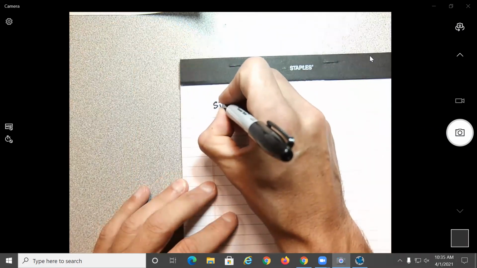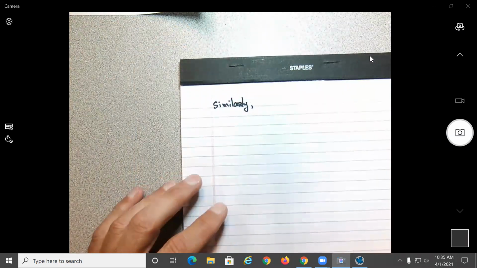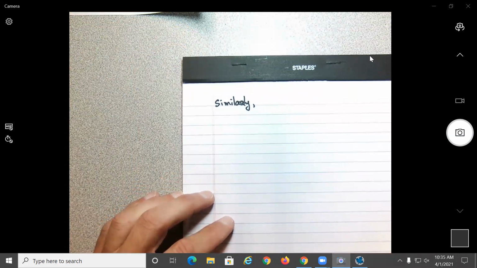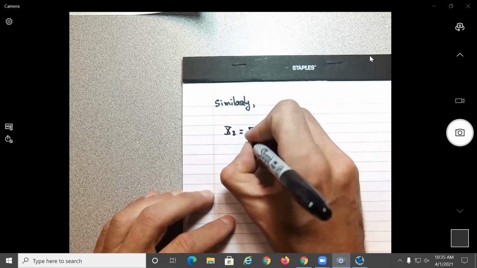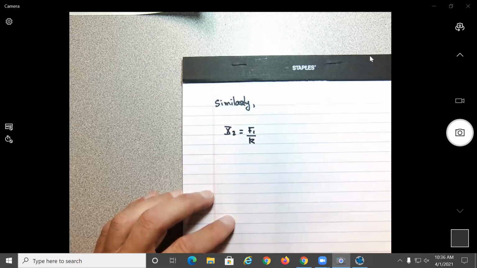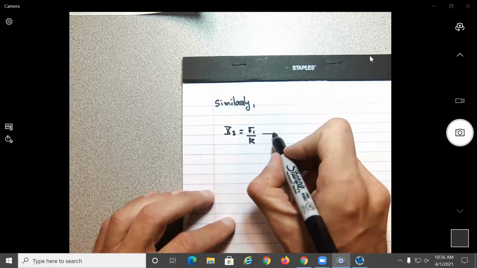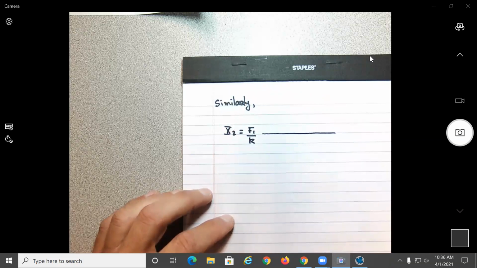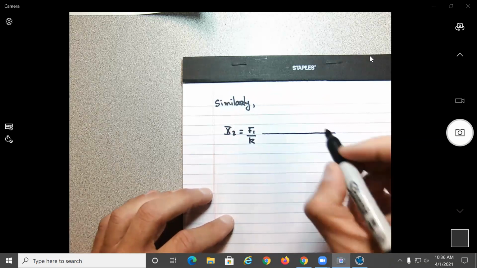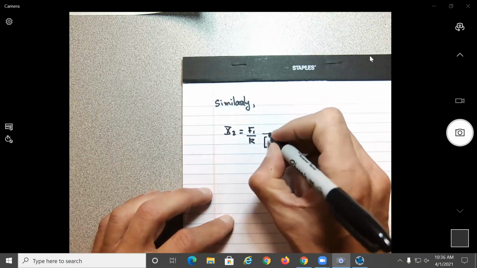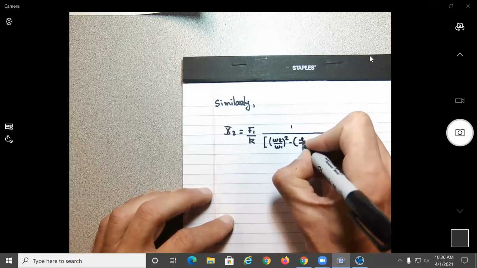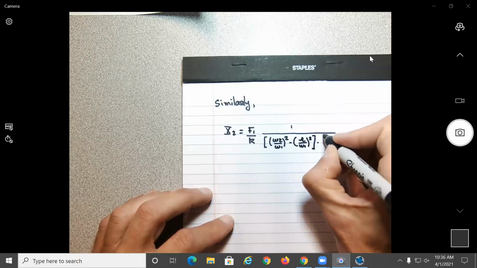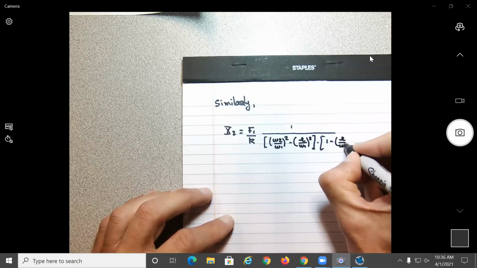So similarly, you will get that x2 will be equal to f1 over k of basically the same thing as before over here, which would be omega 2 over omega 1 square minus capital omega divided by omega 1 square, times 1 minus capital omega over omega 1 square.